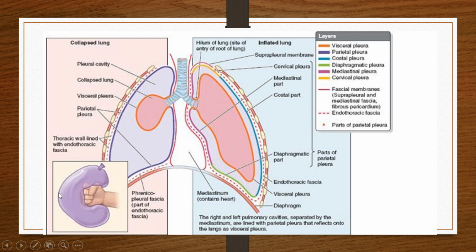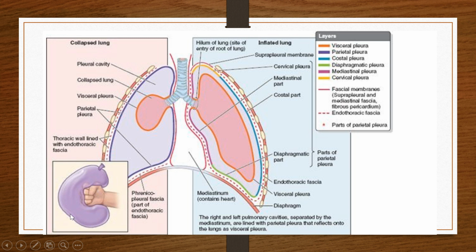The example of pleura is just like a balloon. See here, if we push our fist into a balloon which is blown up with air, what will happen? Our hand is just like a lung, and the two layers of the balloon are just like the two layers of the pleura.